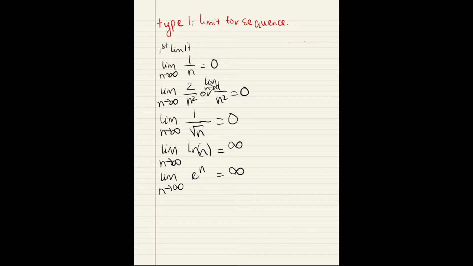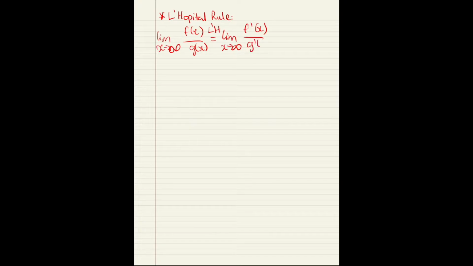And then there are 2 rules that you have to apply: either L'Hopital's rule or the squeeze theorem. For L'Hopital's rule, the limit as x goes to infinity of f of x over g of x, you have to write L'H like this, equals the limit as x goes to infinity of f prime x over g prime x.